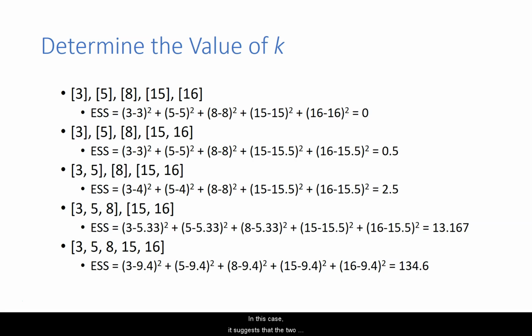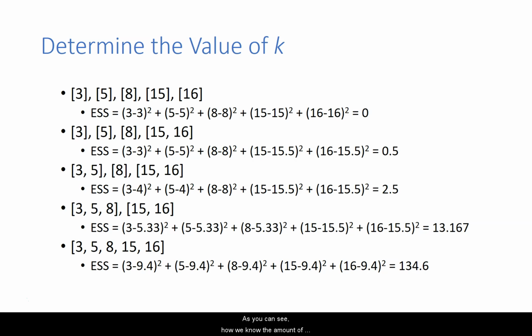In this case, it suggests that the 2-cluster structure makes sense because it represents the most reasonable balance between the need to cluster and the amount of information loss that is tolerable. Therefore, we would suggest the use of k equal to 2 for performing k-means clustering for this example.